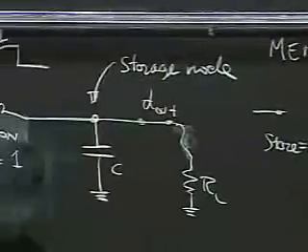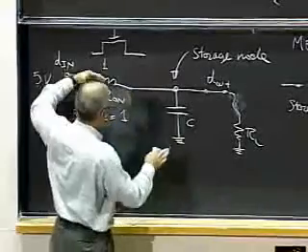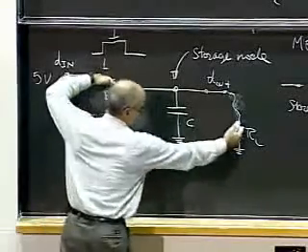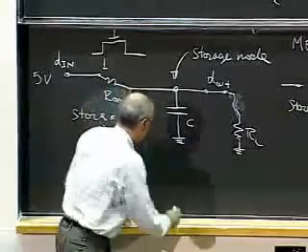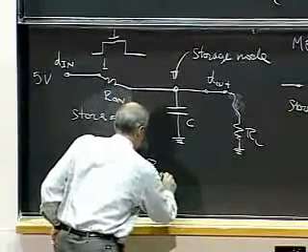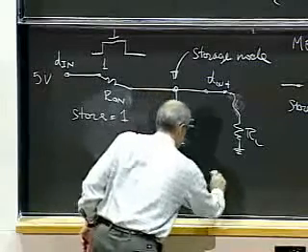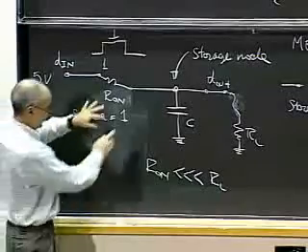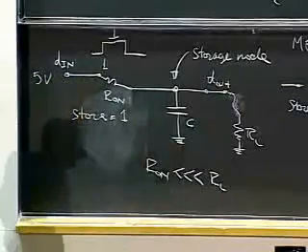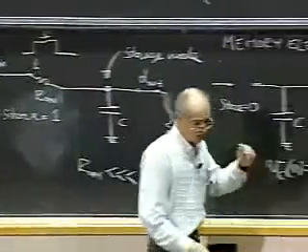So, what is the relevant time constant? It's going to be the R on C. In fact, it's actually the R on in parallel with RL with C, but typically R on is much, much less than RL, so we don't have to worry about that. The dominant time constant is R on C. Okay? So, provided these things are happening, we have a memory.